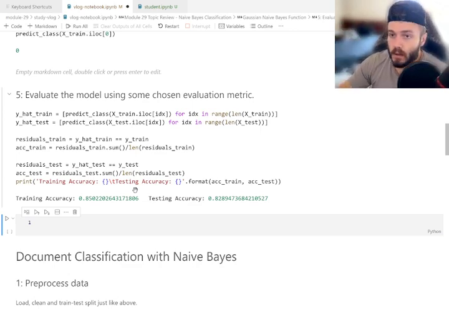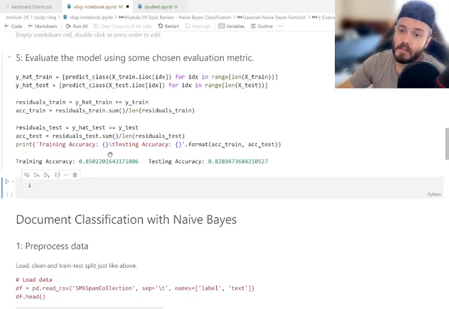So we create our predictions for our training data and our test data. We calculate our residuals of our training data. We calculate the accuracy of our training predictions using those residuals. We do the same thing for our test data.